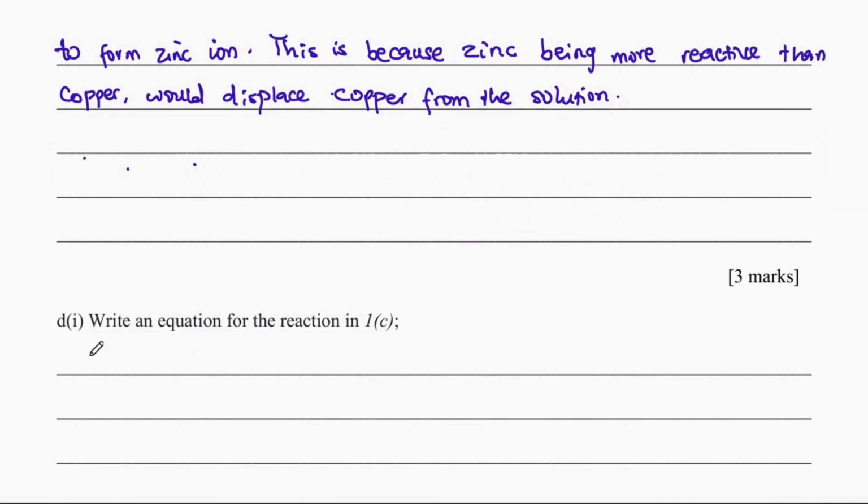An equation for this would simply be our zinc reacting with copper sulfate, CuSO4, which is a solution, so it will be in the aqueous state, and our zinc will be in the solid state, to give us zinc sulfate, ZnSO4. So zinc has replaced copper, displaced copper, plus copper.